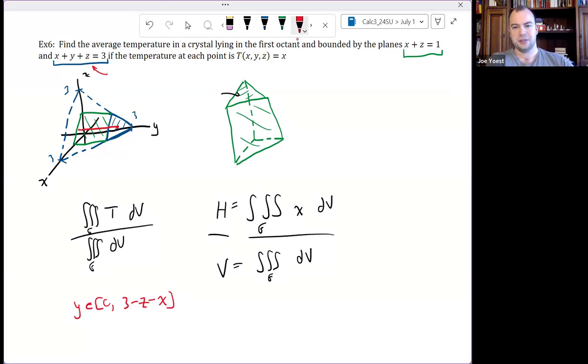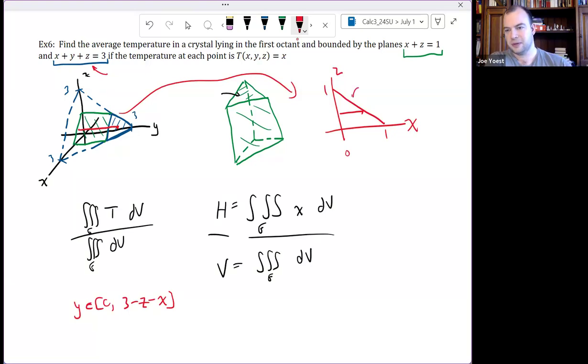And then x, well, let me come over here and draw my xz plane. So here at 1 and 1, x can go from 0 to 1, and z can go from, oops, drew it the wrong way.